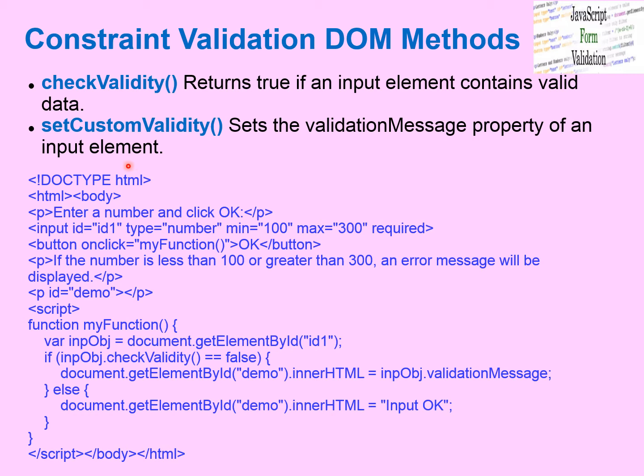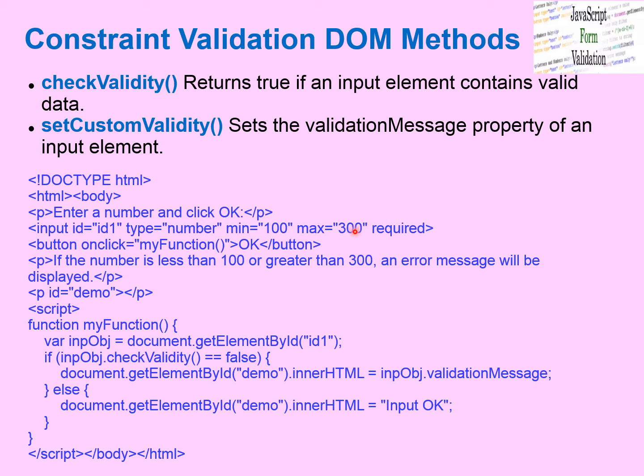Now we can see this example. Doctype is HTML, then the body of the HTML. A paragraph starts with the text, enter a number and click OK. Then input id is id1, type is number, min is 100, max is 300, required. So an input number field is created with minimum value 100 and maximum value 300.